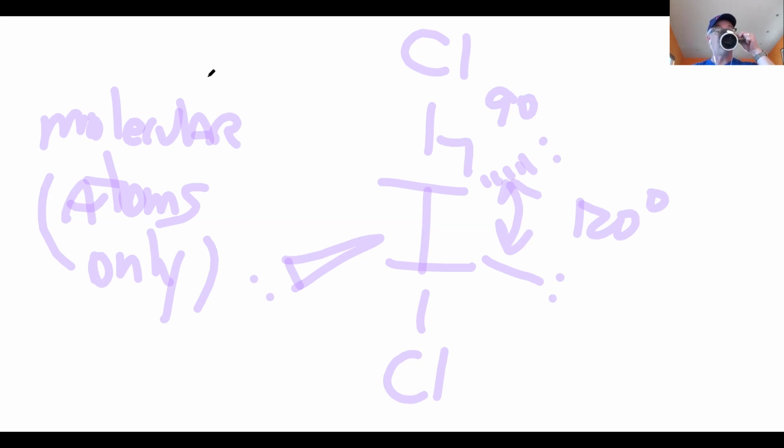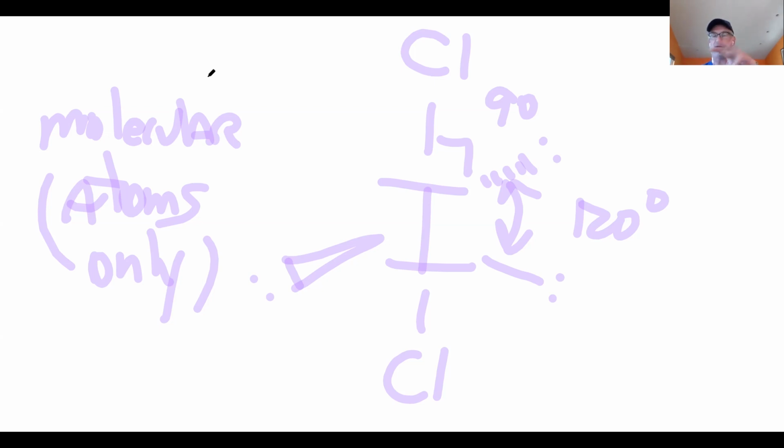Professor, for the lone pair to the right of iodine, do we draw that as a wedge or as a line? Does it matter? Basically, it doesn't really matter. We generally don't draw the lone pairs in with the shape. I just want to show you in this particular instance where they would be.